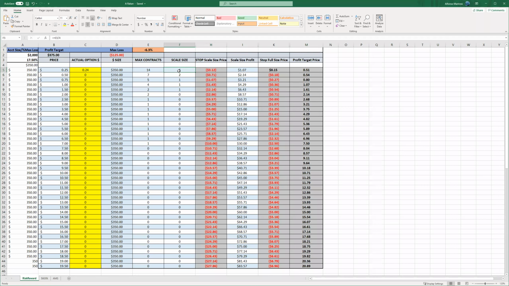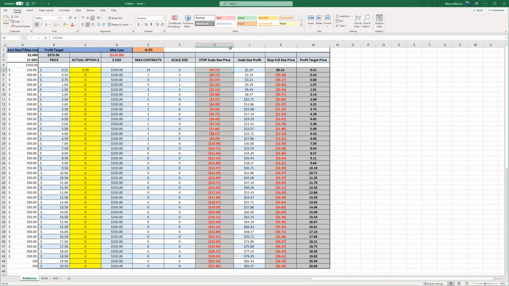My stop for the starter, for these 4, is going to be 12 cents. And this is my stop scale size price, and this is my profit target. So when I have 14 contracts, these 24 cents plus 51 cents, when they get to 51 cents, I'm going to get my $350.